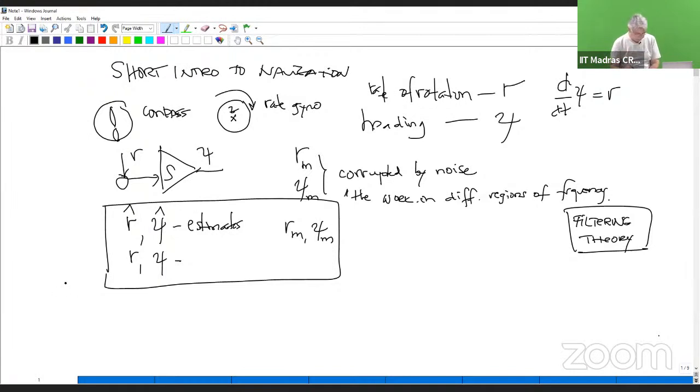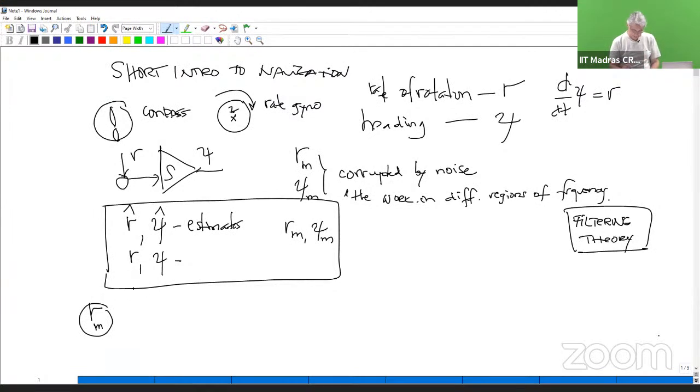So in principle, by measuring R, and I'm not going to write R_m all over the place, even though it should be, suppose that by some magic the estimate equals the real deal. I have not told you yet how to put these things together.